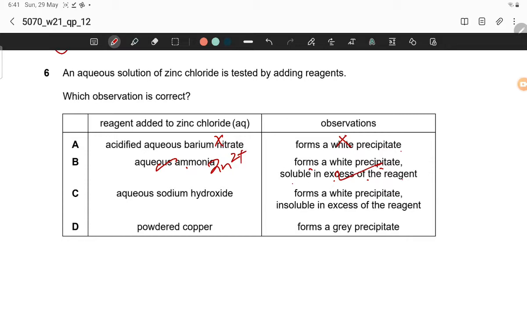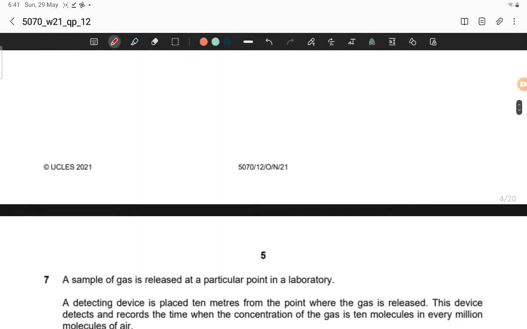Aqueous sodium hydroxide forms a white precipitate insoluble in reagent, this is incorrect because it is soluble in excess of the reagent. Powdered copper is not a correct option. So B is the correct option.